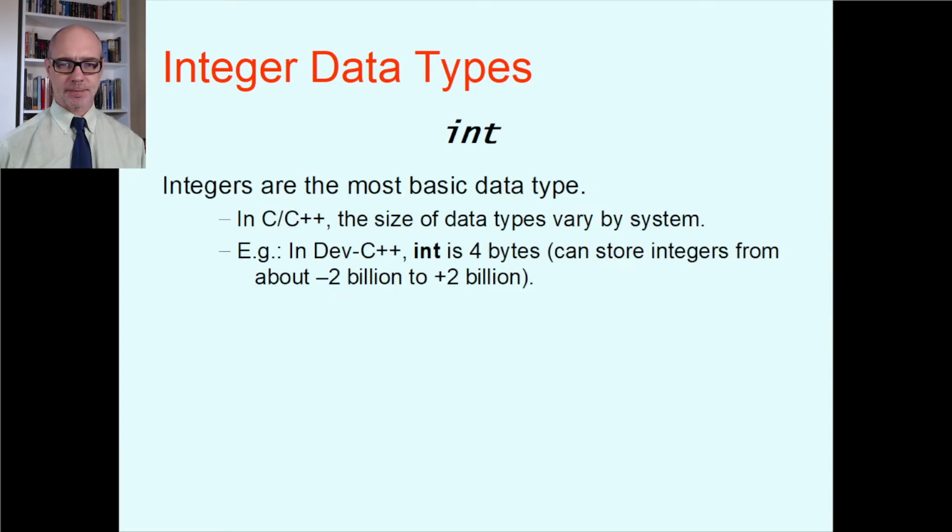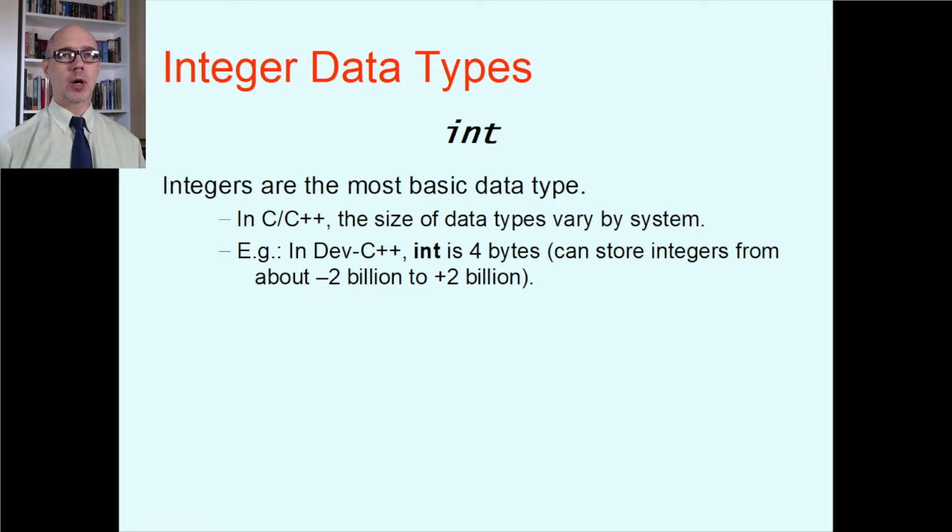Here's some more details. So integers, of course, are the most basic data type in any programming language. Here's the thing, in C and C++, we'll want to think fairly clearly about how much space in the memory system any particular piece of data is taking up. So for ints, the size of the data types can vary by the system that you're running on in C or C++. The C++ language tries to work very closely with the exact hardware, with the exact machinery of the CPU.